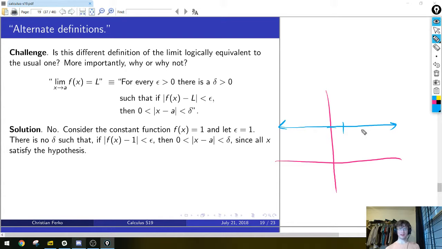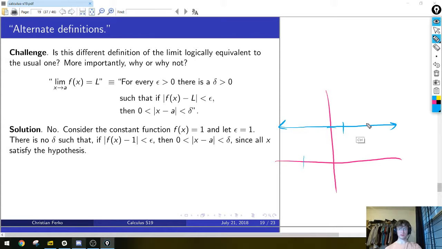If you choose, say, epsilon equals 1, is it true that you can pick a delta, an input tolerance, so that if I am within that input tolerance of any value which gives me 1 from this constant function, then every input which gives me an output of 1 will lie within that interval?